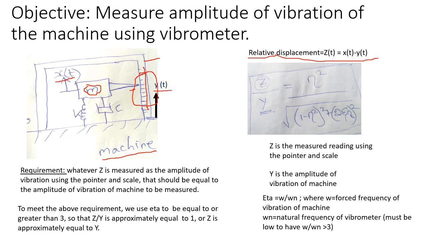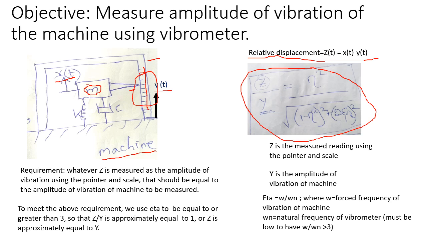But the pointer, when it points to the scale, it is actually z of t. So z by y we derived in the last video. So this is the formula for z by y.